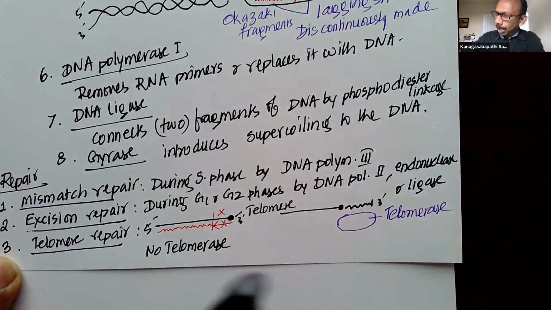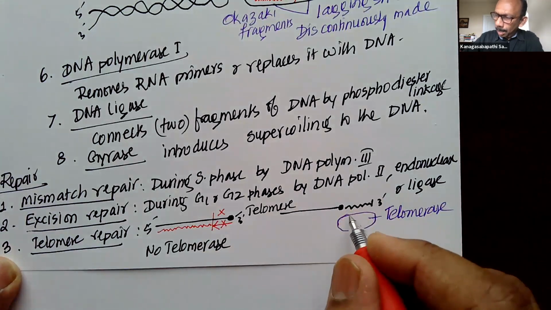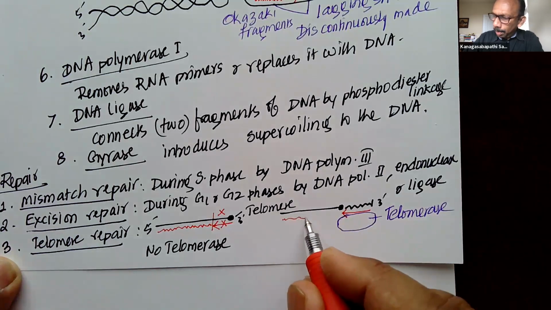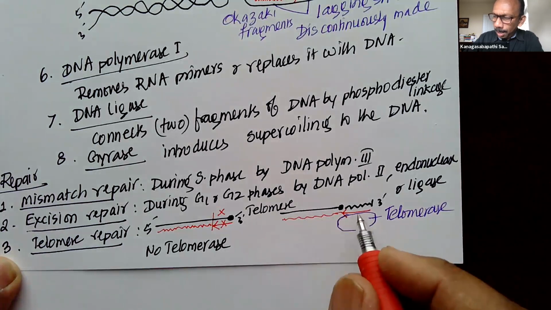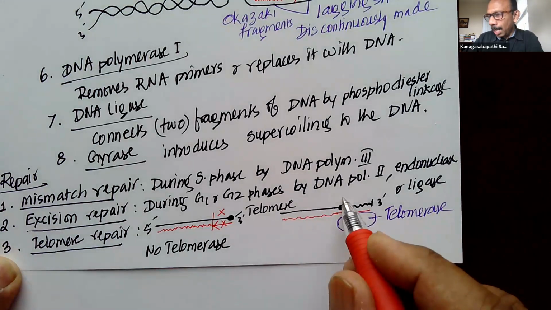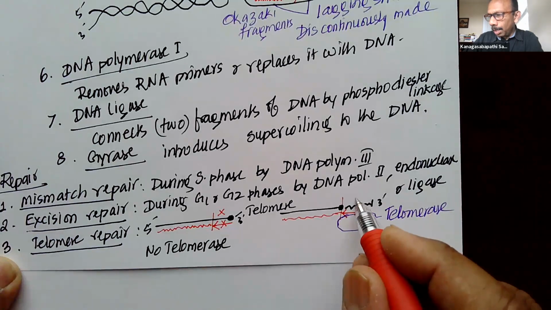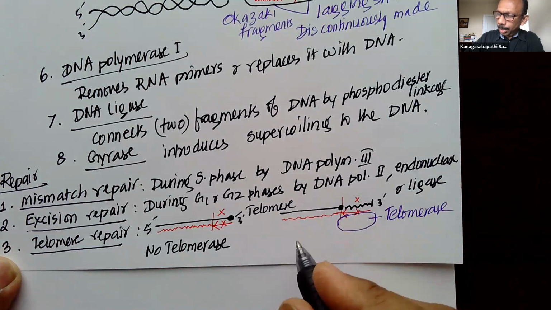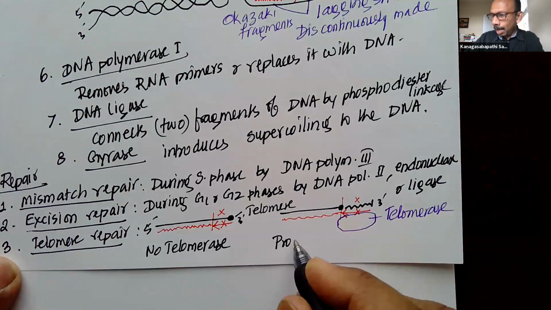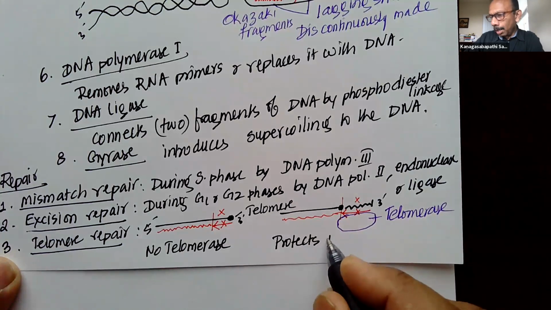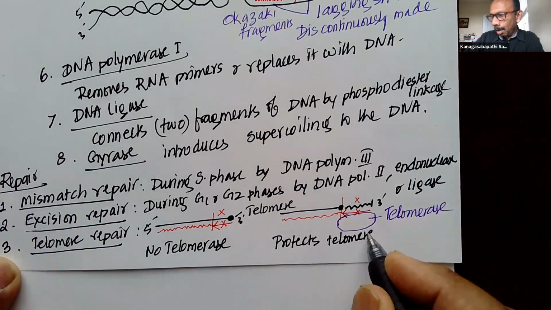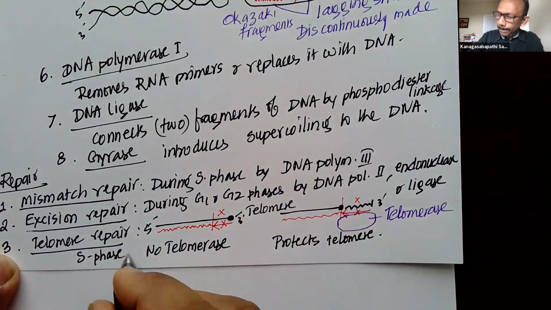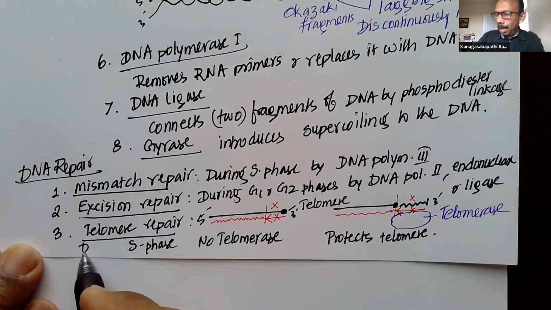The extended region is where the RNA primer binds, and it makes the new DNA. And after this is done, the RNA primer is removed, the extended region is removed, so it protects the telomere. Okay? The telomerase enzyme protects the telomere region. That's also during S phase. We are done.